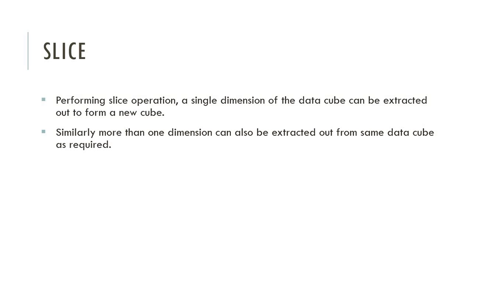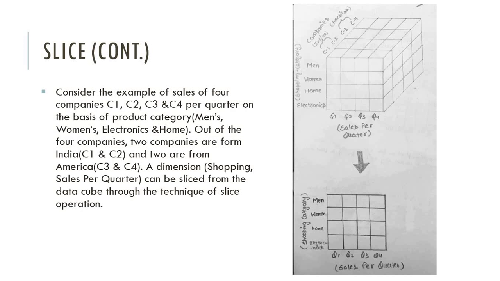So let's understand with the example. The data is the same. C1, C2, C3, C4 are the companies. C1, C2 are the Indian. C3, C4 are the American companies. And the product category is men's, women's, electronics, and home. Now I want to perform the slice operation, so I just cut one slice of the data, and that one slice becomes the output.